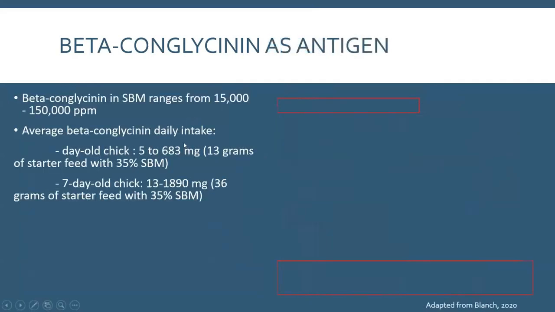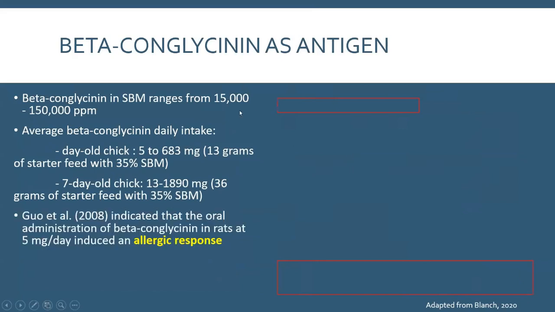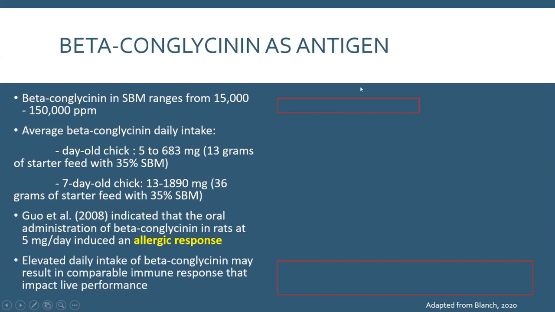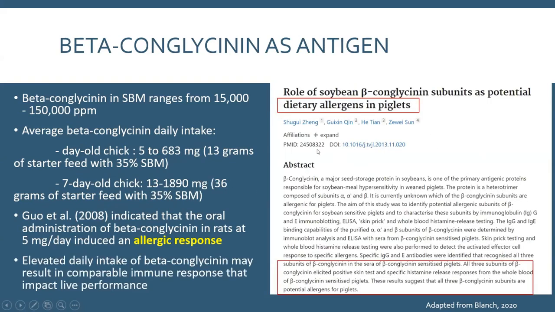So beta-conglycinin has been proven as a strong antigen, and it causes reduction in performance. We can see here that at certain levels, they would cause this, particularly in piglets, but also in chicks at certain levels.